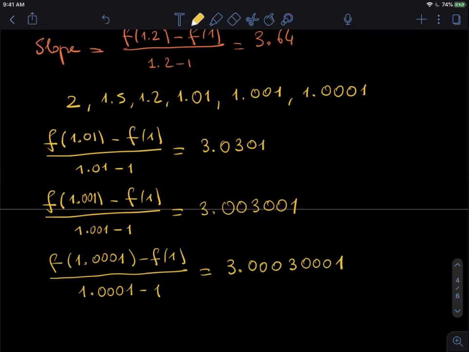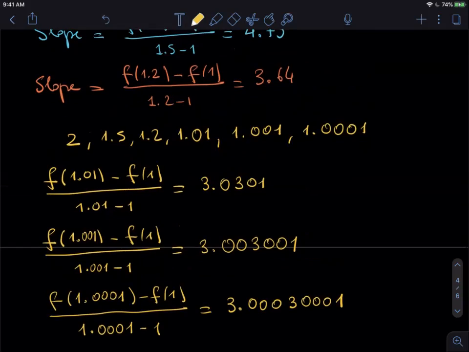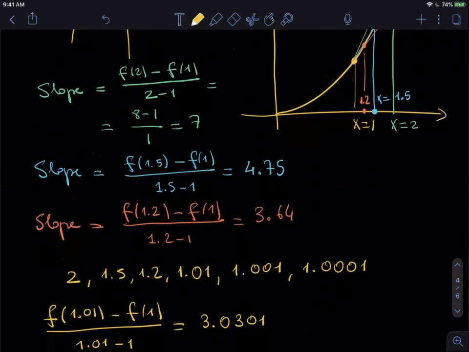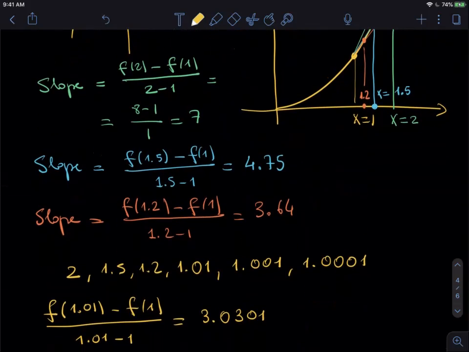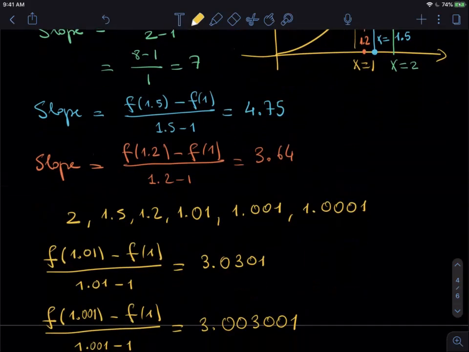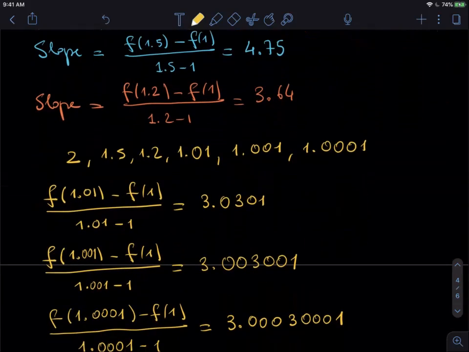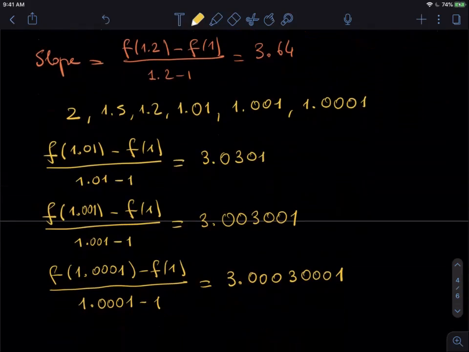So if you have to guess, what would be the value of the slope of the tangent line? So we got 7, 4.75, 3.64, 3.03, 3.003, 3.0003.